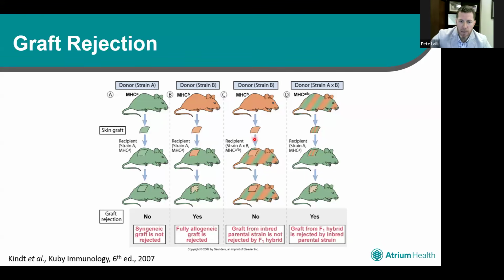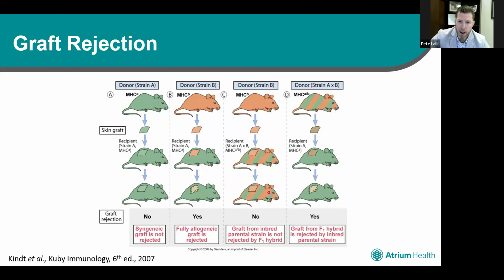So if you do the same experiment where you take a skin graft from a B strain of mouse and put it onto a mouse that is an F1 progeny of an A and B, this mouse has both A and B proteins in it. This graft is going to be accepted because it looks at the B from the donor and says, okay, this is fine.